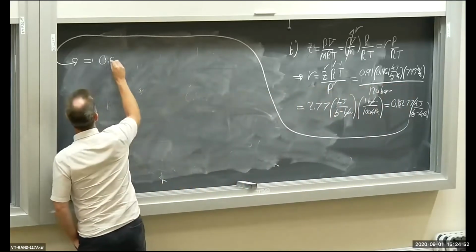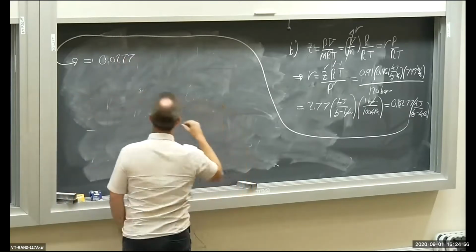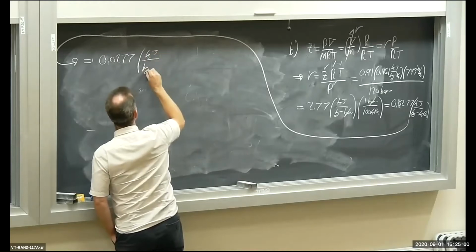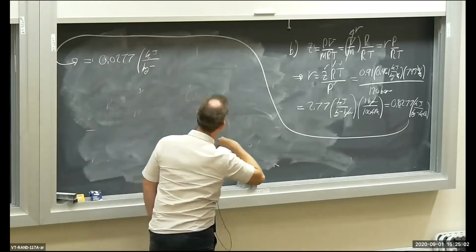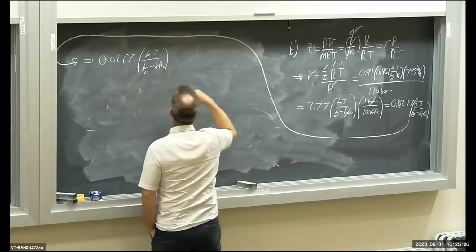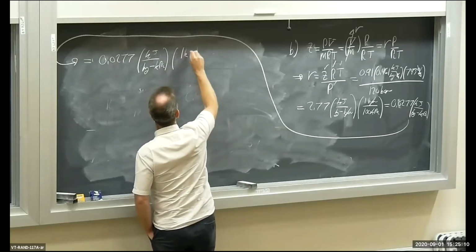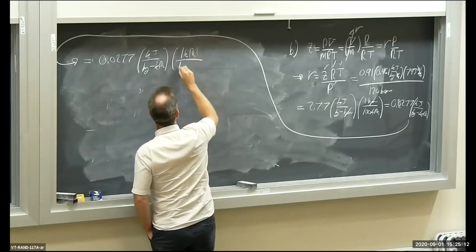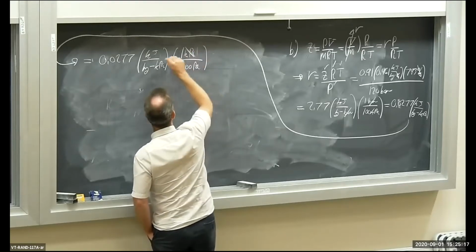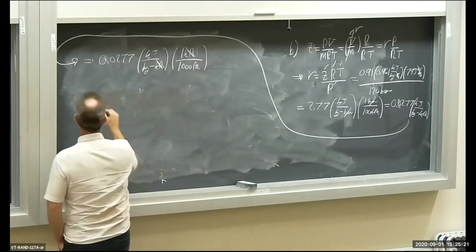So 0.0277, kilojoule per kilogram, and then a kilopascal. There is 1 kilopascal per 1,000 pascals. Kilopascals cancel out and I get pascals, so I have to divide it by 1,000 again.